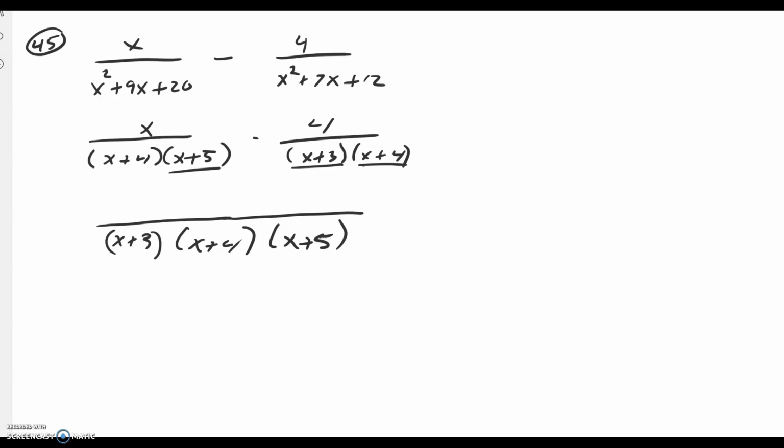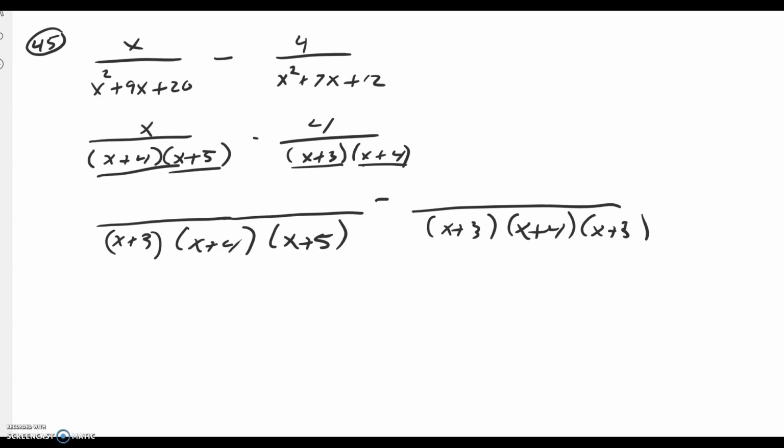So now the question is, can we change these 2 fractions into fractions with common denominators? Here, what seems to be missing is an x plus 3, so we're going to have to multiply the bottom by x plus 3. So we're going to have to multiply the top by x plus 3.